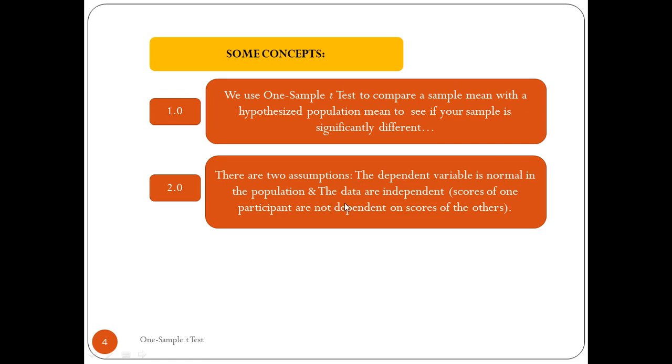The second assumption is that the data are independent. In other words, the scores of one student or one participant are not dependent on the scores of the others.